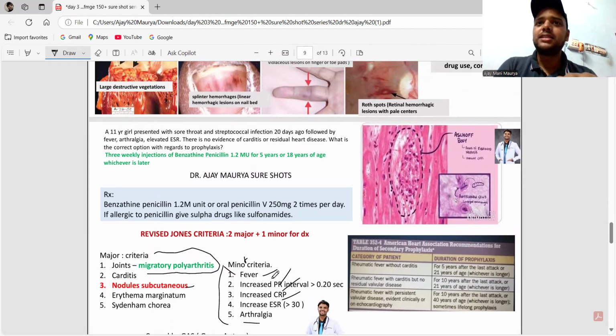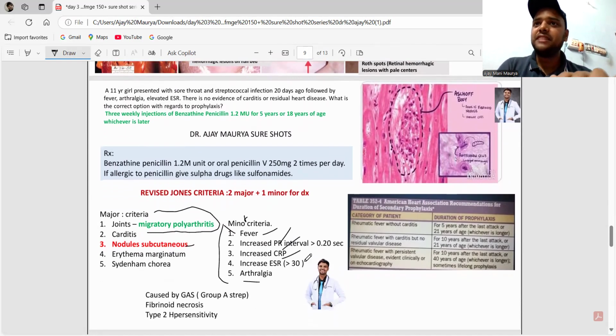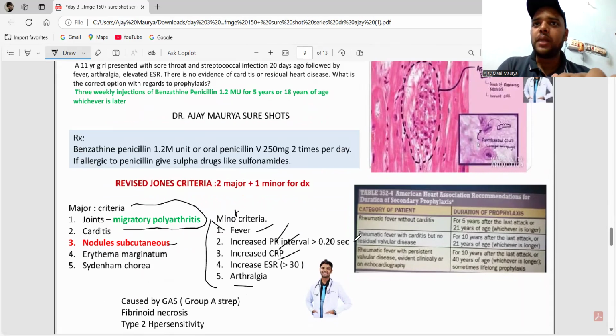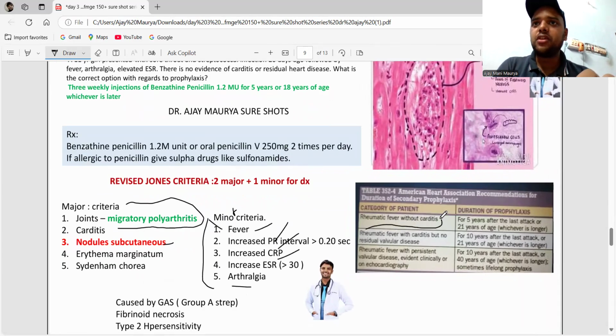Suppose the patient has rheumatic fever without carditis: the duration of prophylaxis is 5 years after the last attack or until 21 years of age.